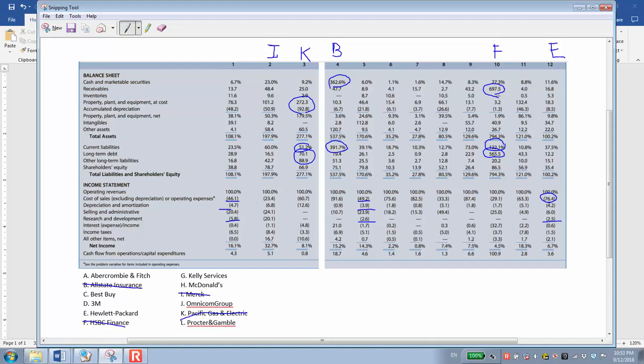Comparing the balance sheet, what do I find? The intangible assets are very large, right? Intangible assets include not only patents, copyrights, and franchises, but also goodwill, right? And we know P&G has lots of brand names.